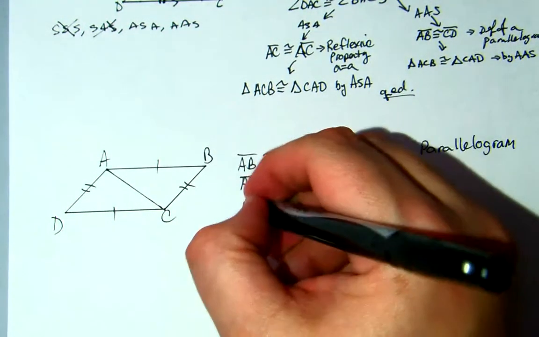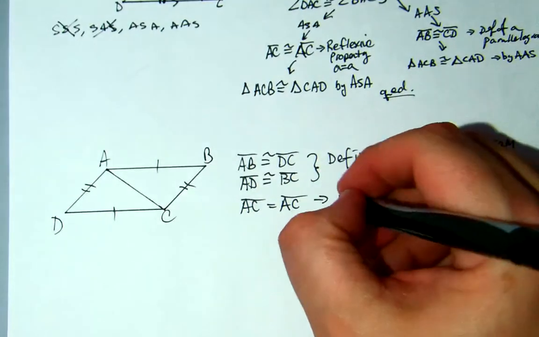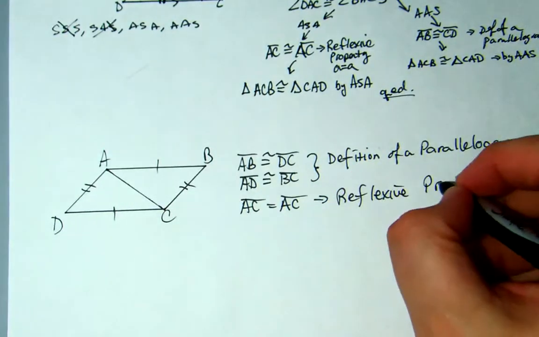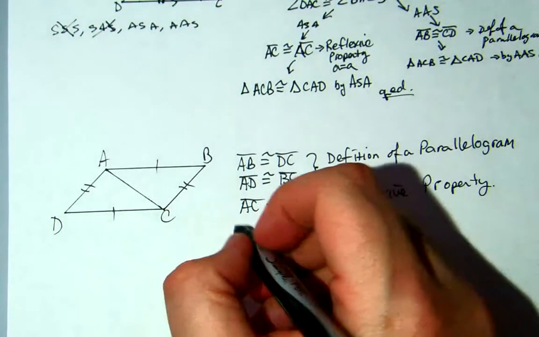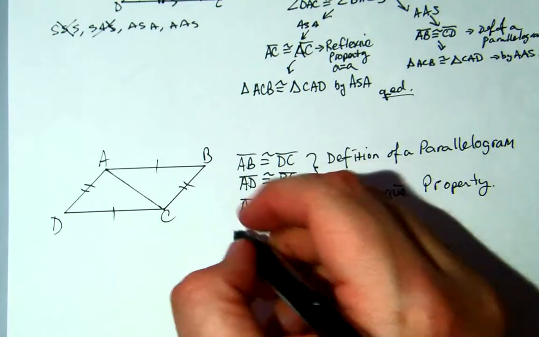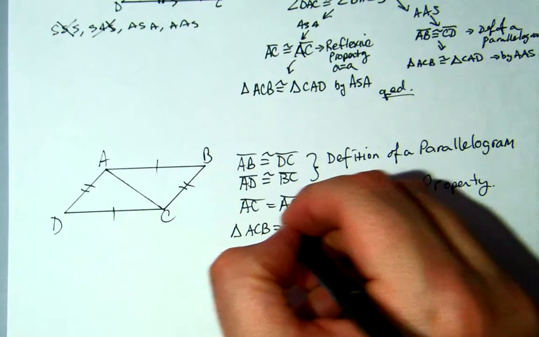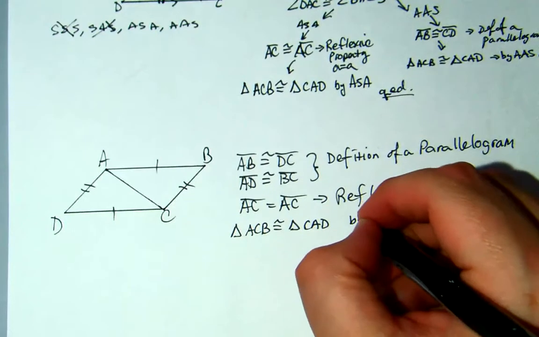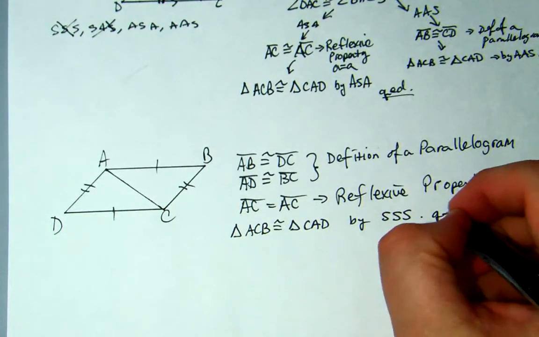Next, we can say that AC is congruent to itself, AC, by the reflexive property. And that's enough to give us triangle ACB is congruent to triangle CAD by side, side, side. And then we can say QED.